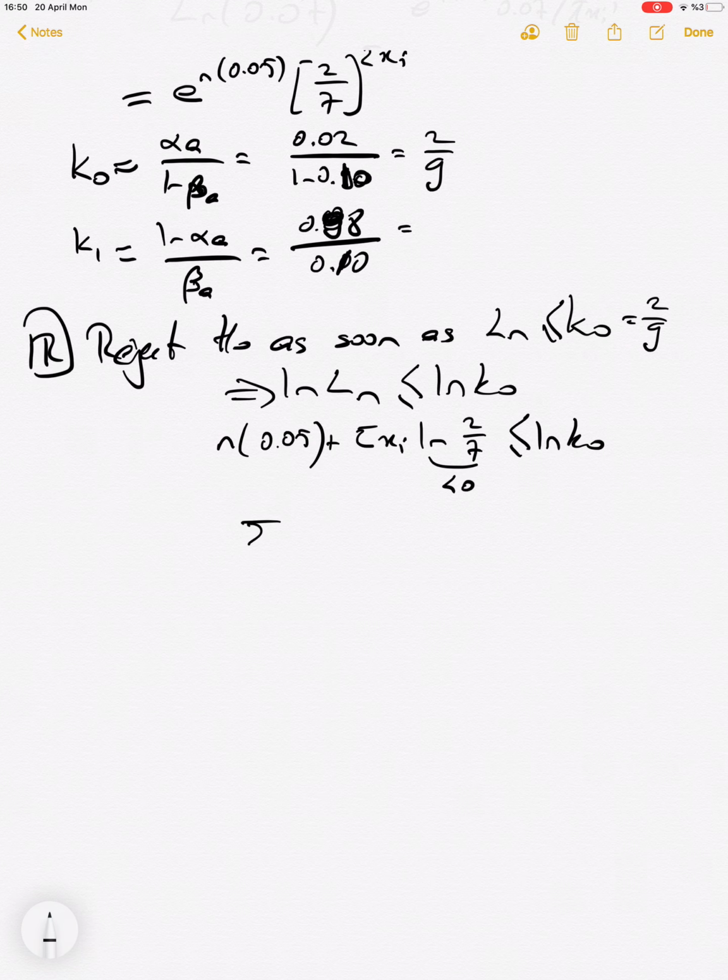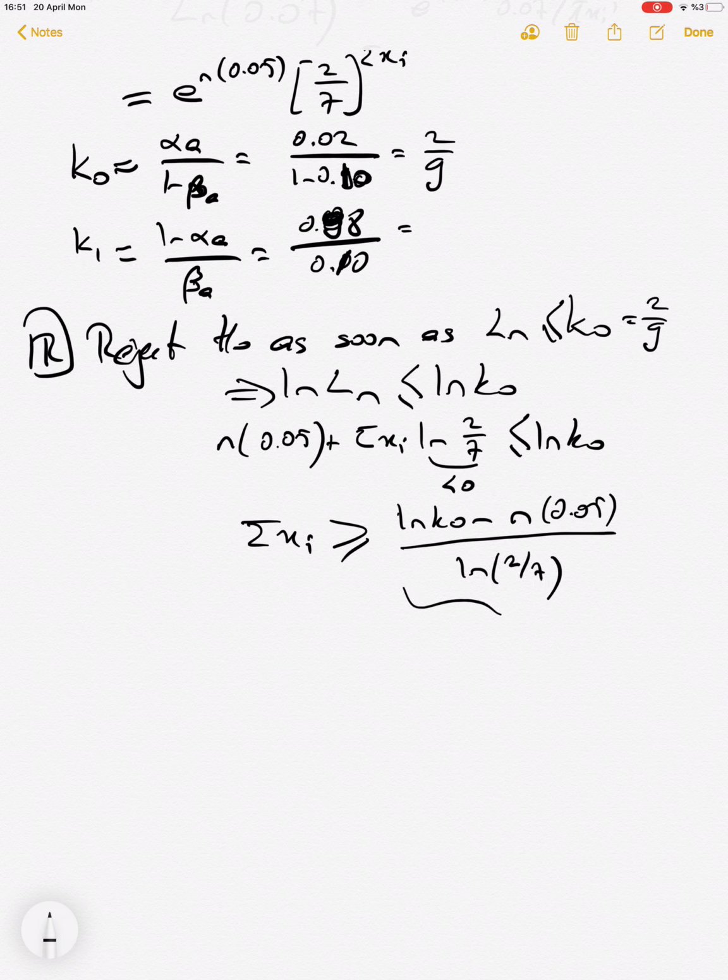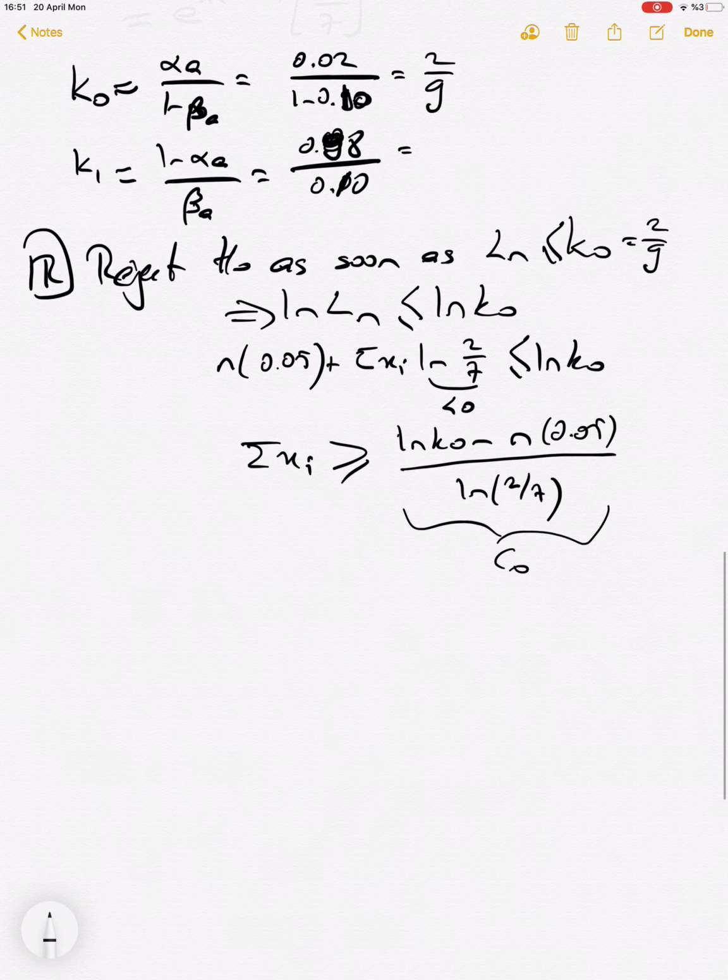Then we have summation xi greater than or equal to ln k0 minus n times 0.05 over ln 2 over 7. Let's say this is our c sub 0, and when we calculate it, c sub 0 is 1.197 plus 0.04n.